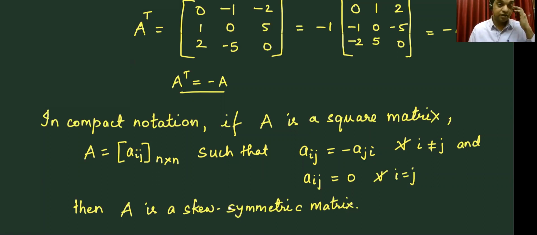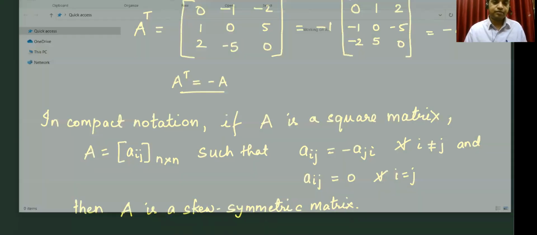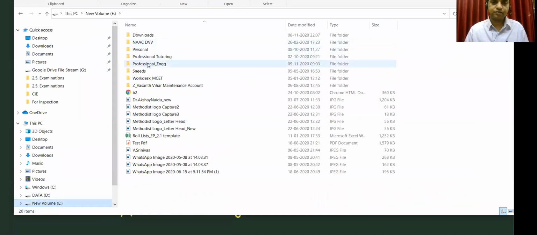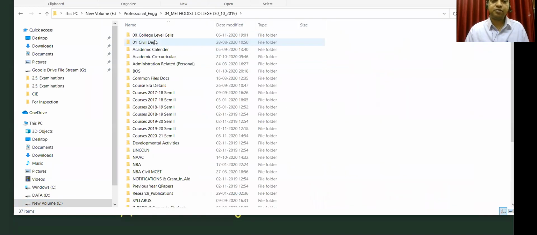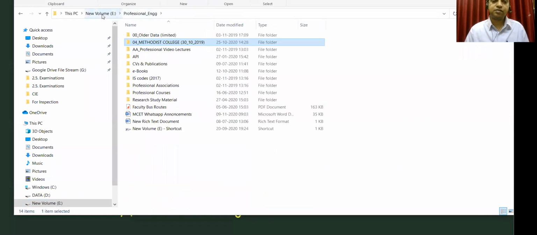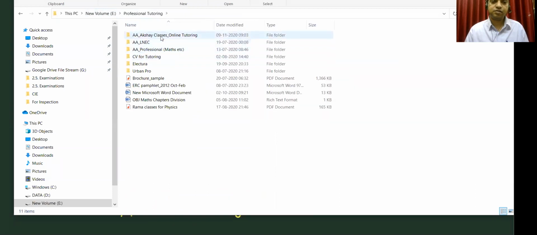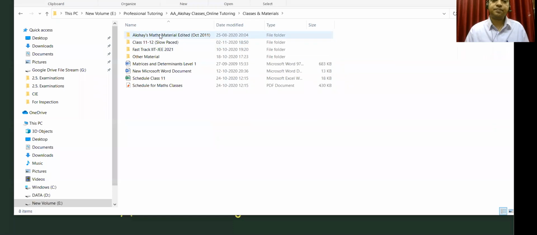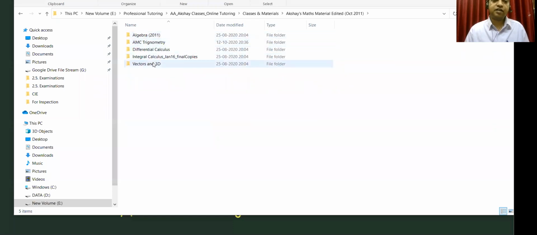All right. There are other notations also. I'll just show. I'll teach a little bit beyond the syllabus. It's a must because this is a very critical and important chapter.